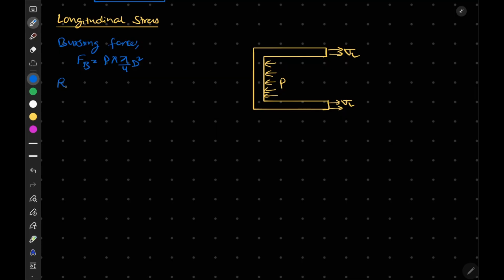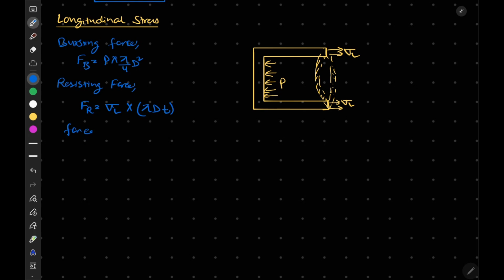Similarly, I can also write the resisting force Fr is equal to sigma L into the area, which will be in the form of a circle, something like this, inner circle and outer circle, and this stress will act along this plane. Since it is a thin pressure vessel, I can write this as circumference times thickness, pi D T, so this will be the resisting area.